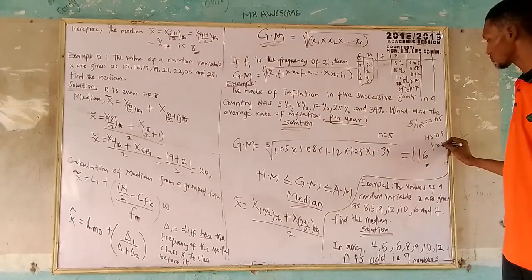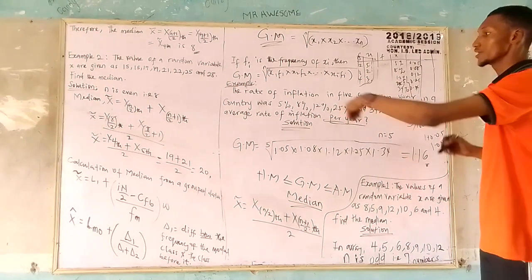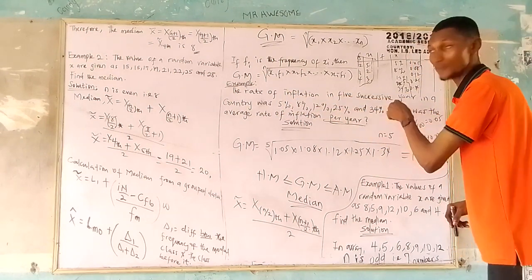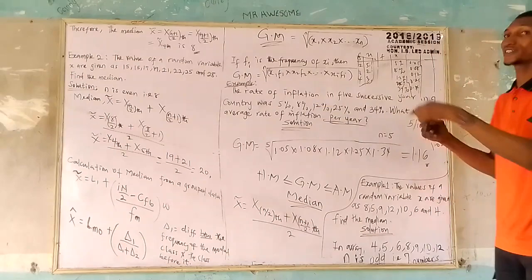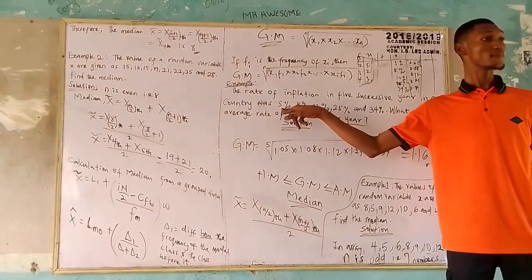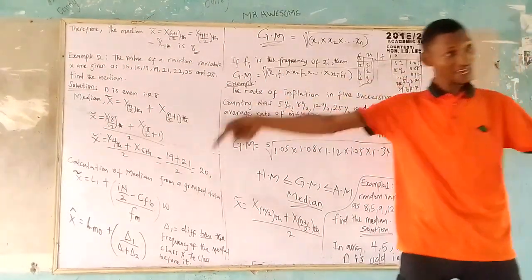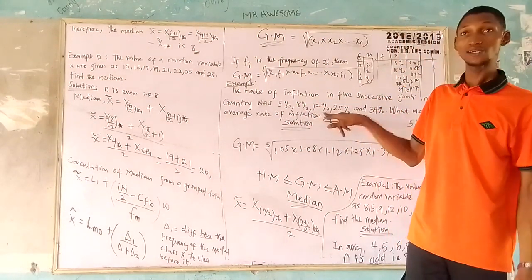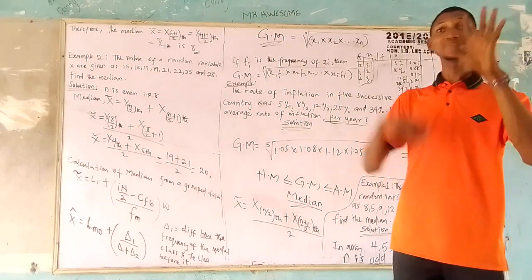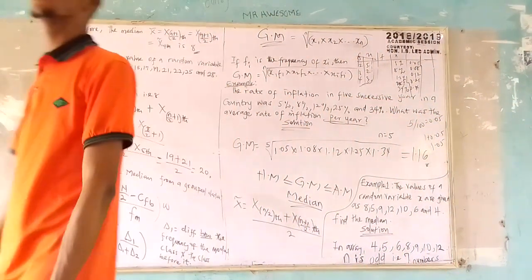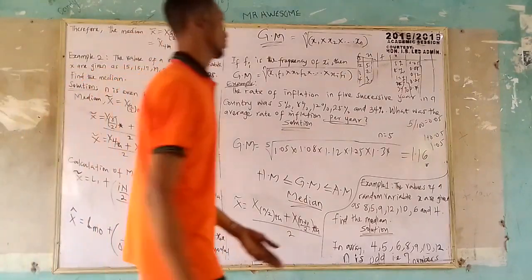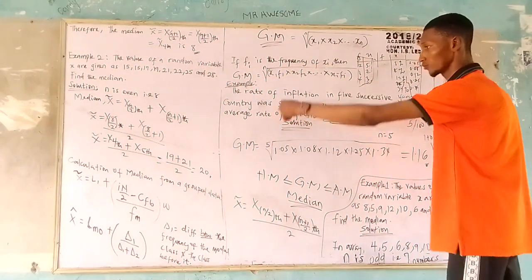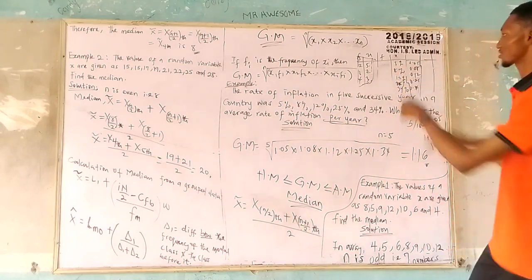The rate of inflation in 5 successive years means the first year, that year, per year, then another year; successive means the same. So then we can have both 1.05, 1.08. That's how we convert to decimal.